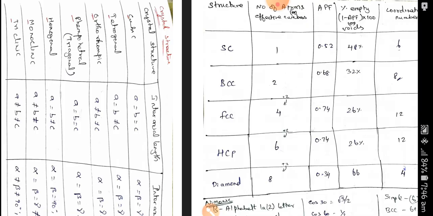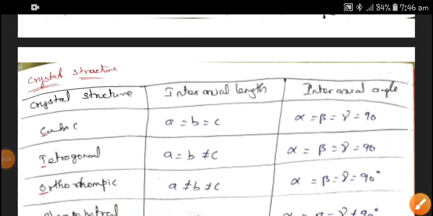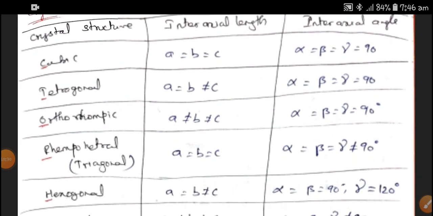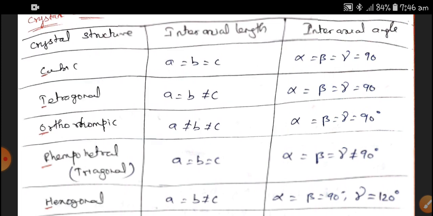And here I would like to give the different types of crystal structures which are available. The crystal structures are cubic, tetragonal, orthorhombic, rhombohedral and hexagonal, and the interaxial lengths and interaxial angles are mentioned here.